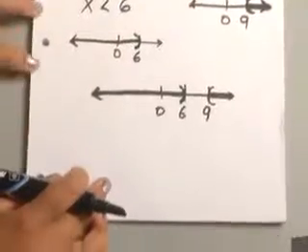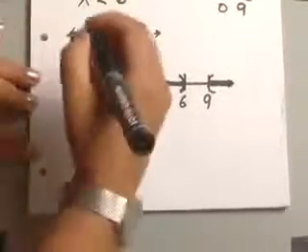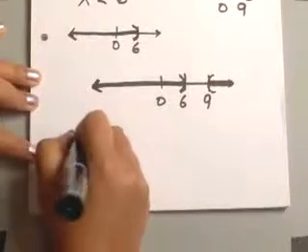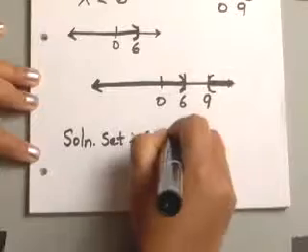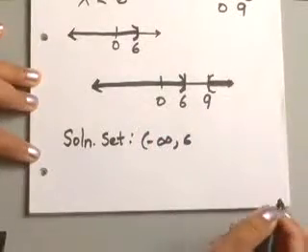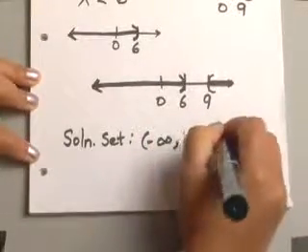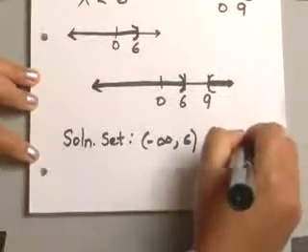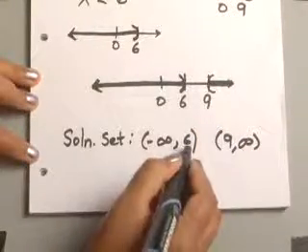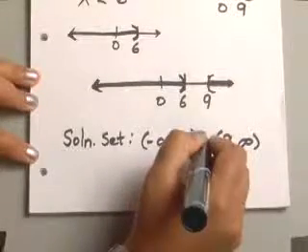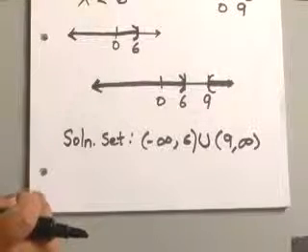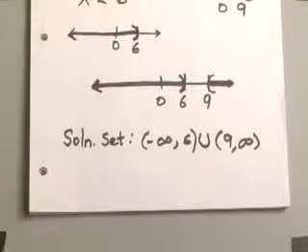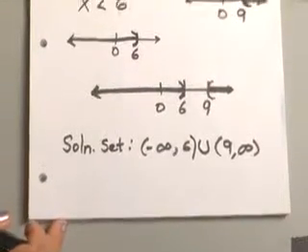So your solution set for this problem is going to be negative infinity to 6 and 9 to positive infinity. And again, you can see we are not including the 6 and 9. And to join the two intervals, we will use the union symbol. Okay, so this concludes the section 9.1.